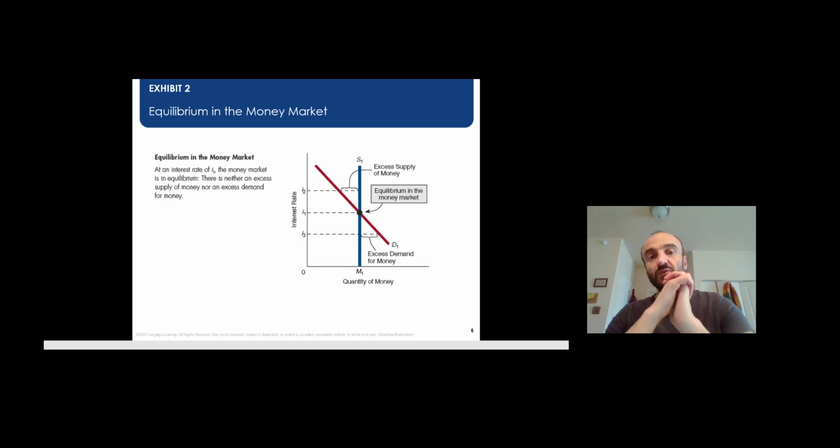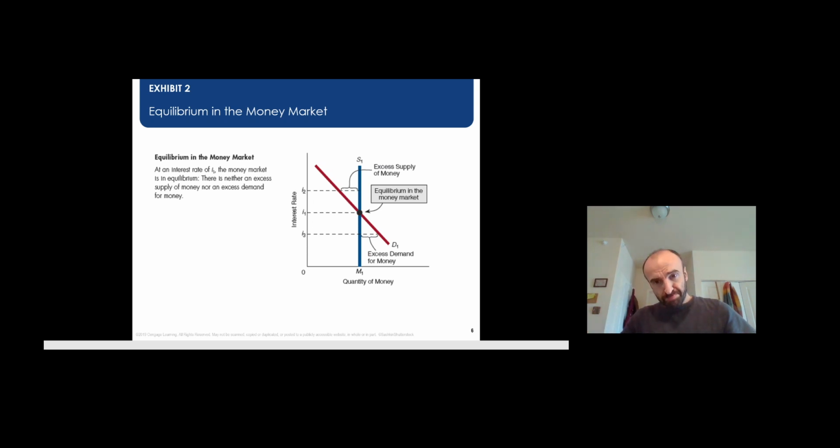So on this Exhibit 2, you have a nice graphical depiction of an equilibrium in the money market, in which the demand curve intersects the supply curve. This point, where the interest rate I1 is the equilibrium interest rate at which people will buy and sell money, which means lend and borrow money. So when we say buy or sell money, we mean borrow and lend money.